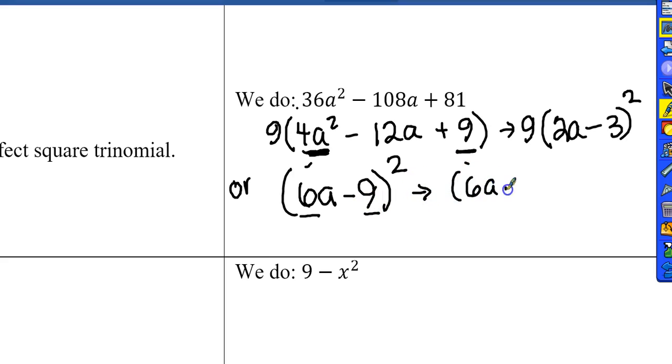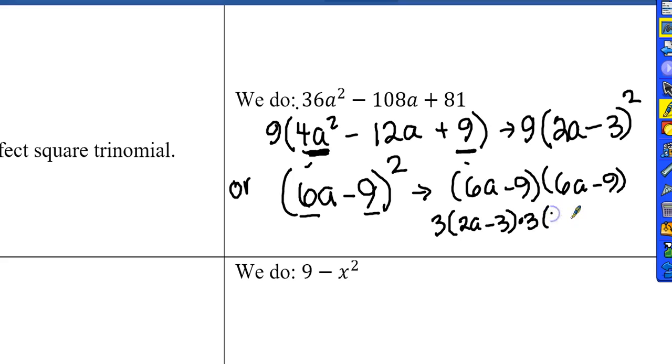You have to actually bust it up into two terms and factor the 3 out of each pair. So 3 times 2a minus 3, and again 3 times 3 times 2a minus 3, and then of course rearrange: 9 times 2a minus 3 quantity squared. So certainly a lot clumsier, a lot more places that you can go wrong. You should always check your final answer to make sure it's fully factored and there's no common factors left.